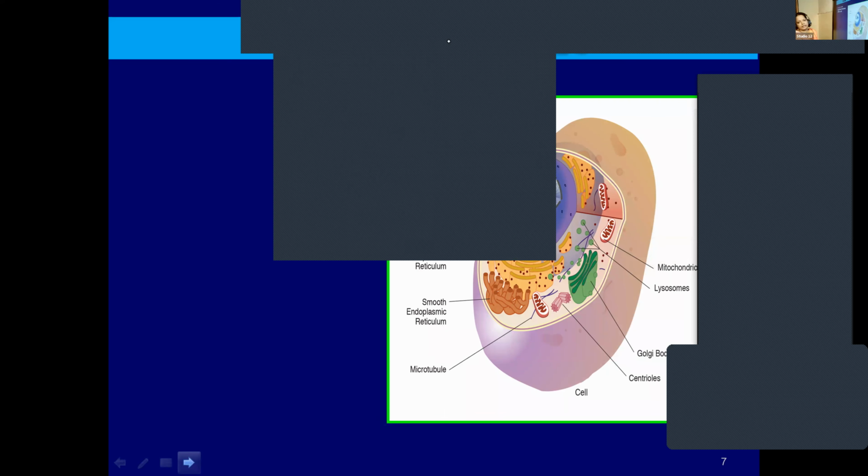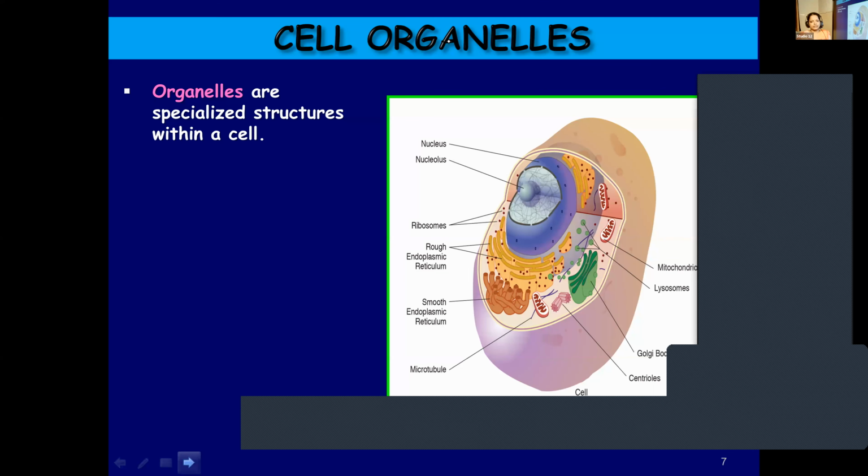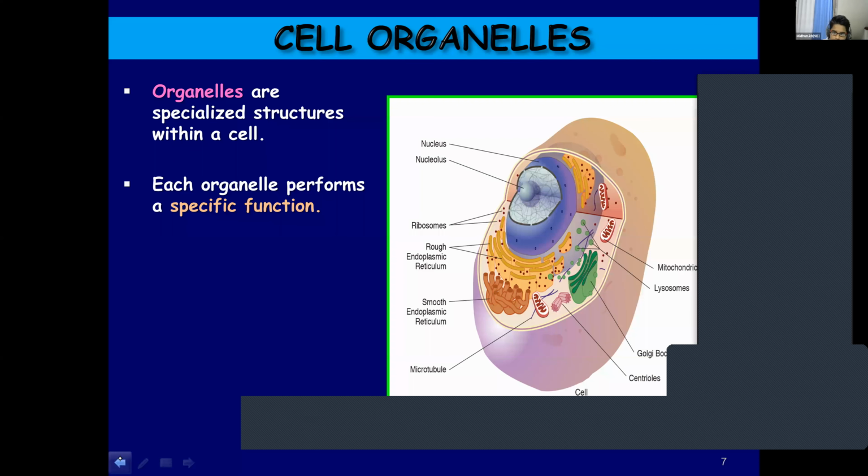Cell organelles. You will be learning in detail about the different cell organelles. But in the beginning, just to know what are cell organelles. Last year you have learned. What are cell organelles? They are some specialized tiny cell structures present within the cell.